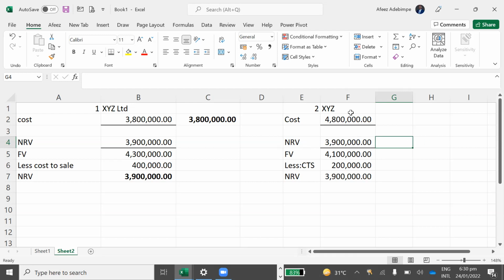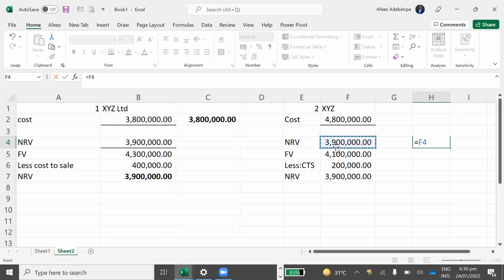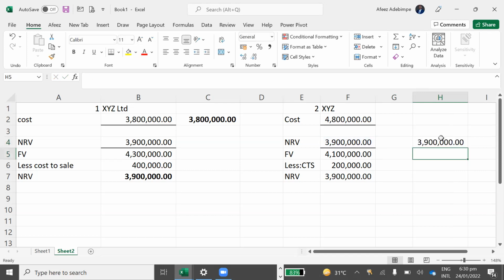From this, cost being $4.8 million, NRV being $3.9 million. The lower is NRV. What I'm taking to the balance sheet or statement of financial position as my value of inventory is 3.9 million. Why? Because it is the lower of the two.